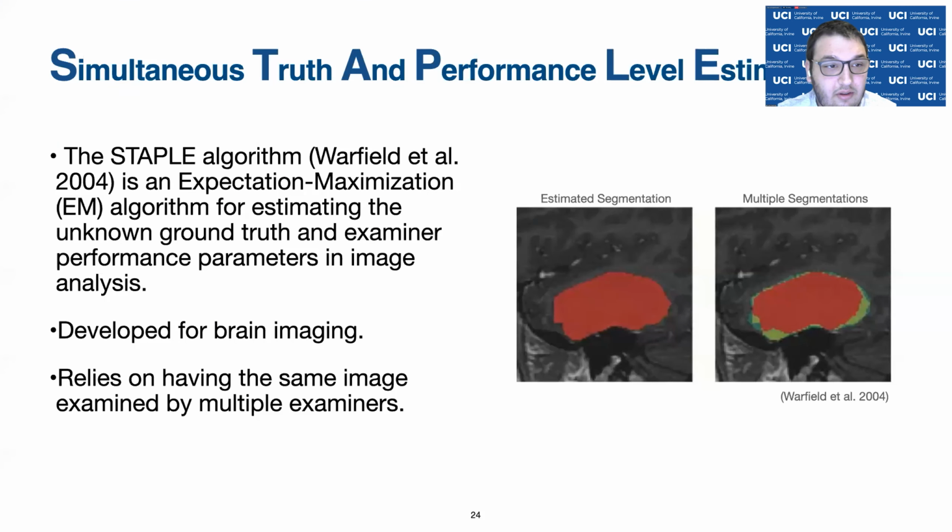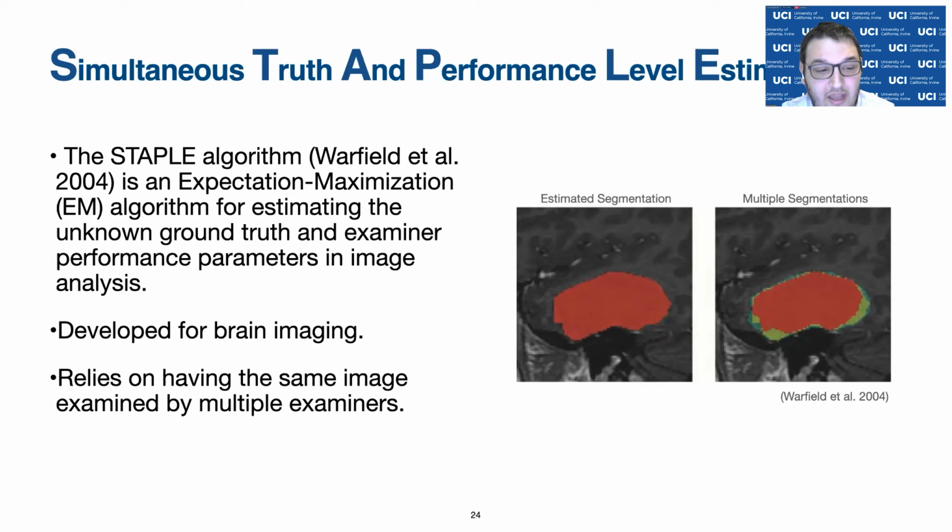STAPLE stands for the simultaneous truth and performance level examination. This was an algorithm designed for brain imaging in particular, and it uses an expectation maximization algorithm to estimate both ground truth and examiner performance parameters in image analysis.